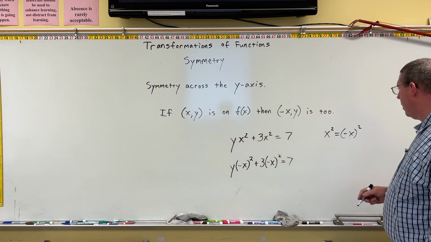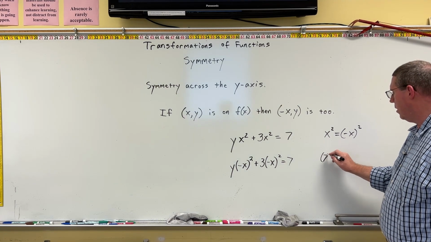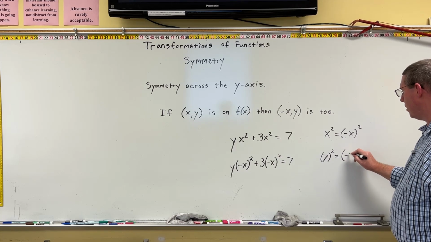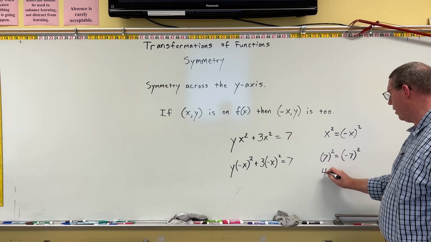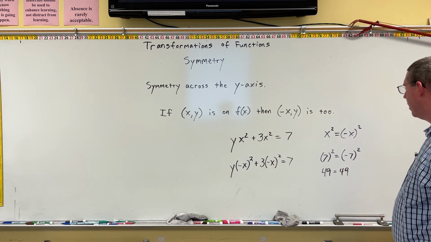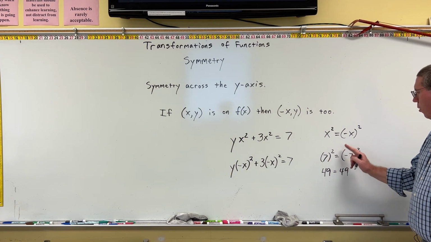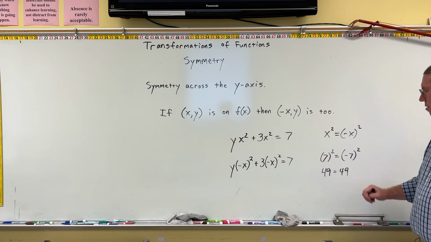One example of this is, let's say we plugged in 7 squared. Is that the same thing as (-7) squared? Well, we know that 7 times 7 is 49, and we know that -7 times -7 is also 49. So whether you plug in 7 or -7 into this square function, you get the same output.